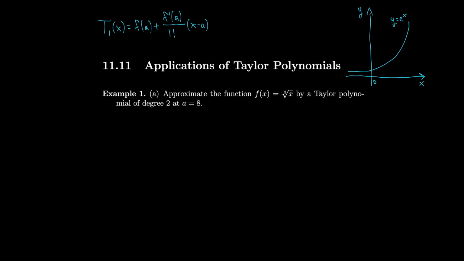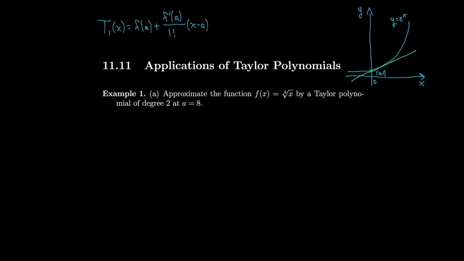Notice that at a, let's say I put a over here at 0, 1. Then at a, T1 of x is just the linearization. It's just the tangent line approximation.